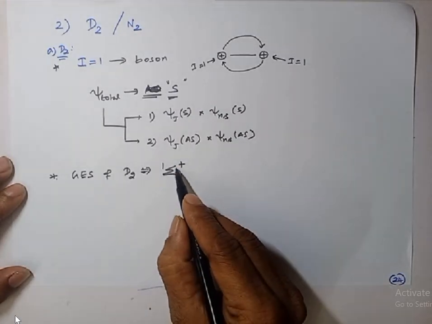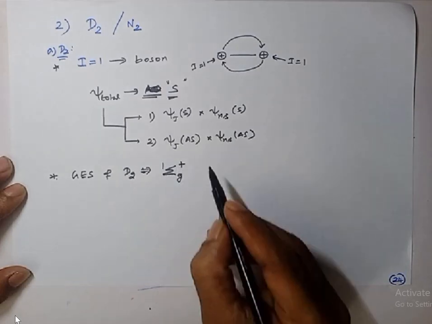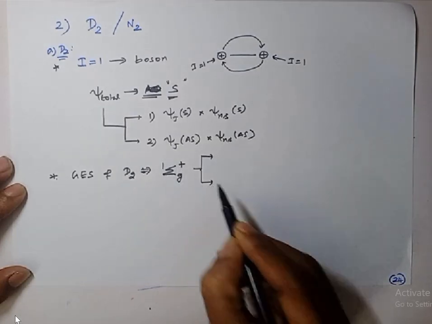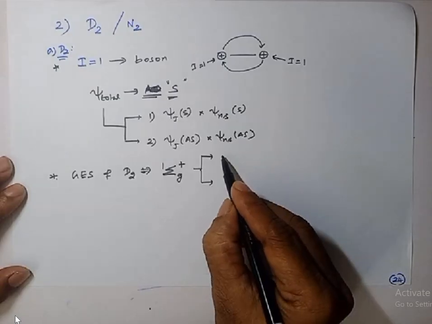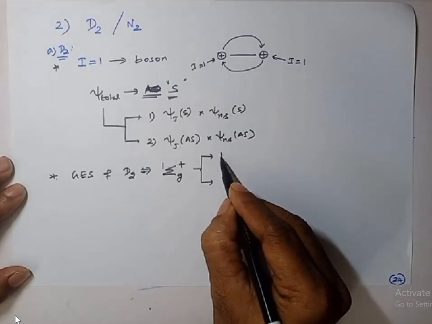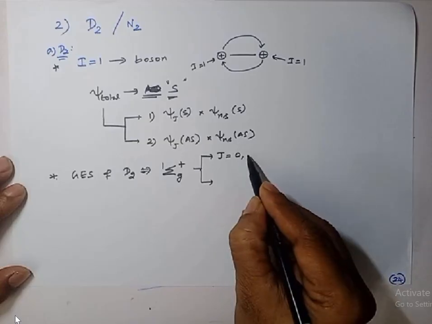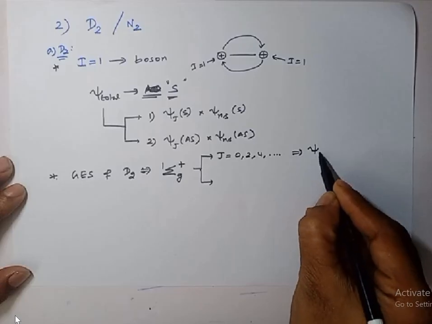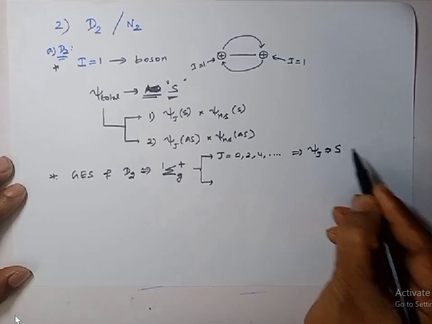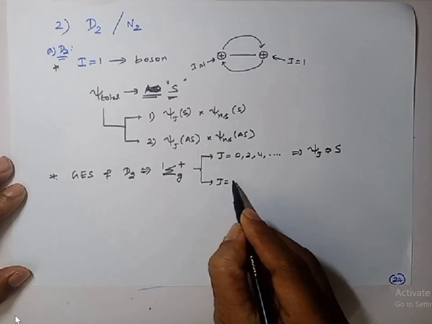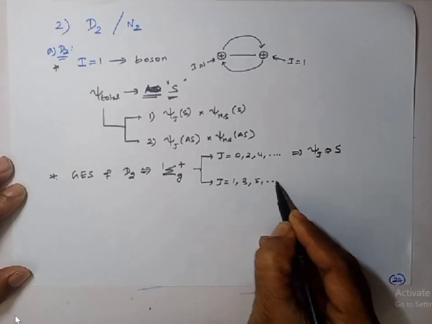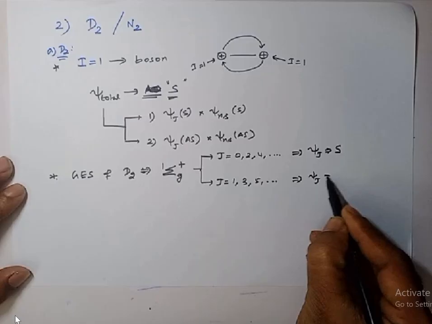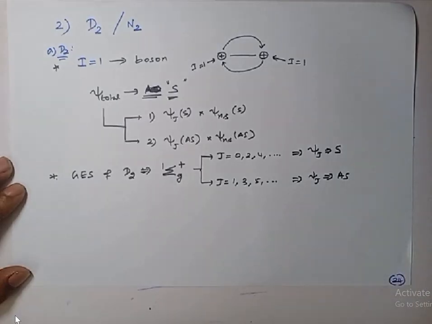I have told you, if the molecule belongs to singlet sigma g plus, then the states having even J values, J equal to 0, 2, 4, 6, etc., for these the wave function is symmetric. And states having odd J values, 1, 3, 5, etc., for these the rotational state wave function is anti-symmetric. This you know very well. Keep this in mind. Now, observe carefully.